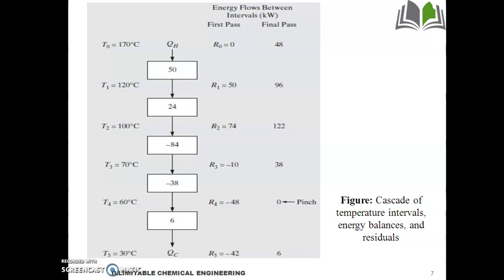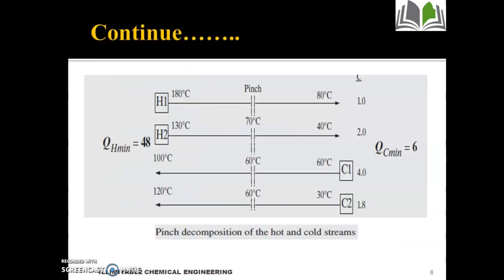At the pinch point, heat transfer does not occur, right? So this is how we can calculate the minimum utility requirements, minimum targets, and pinch point from the temperature interval method.